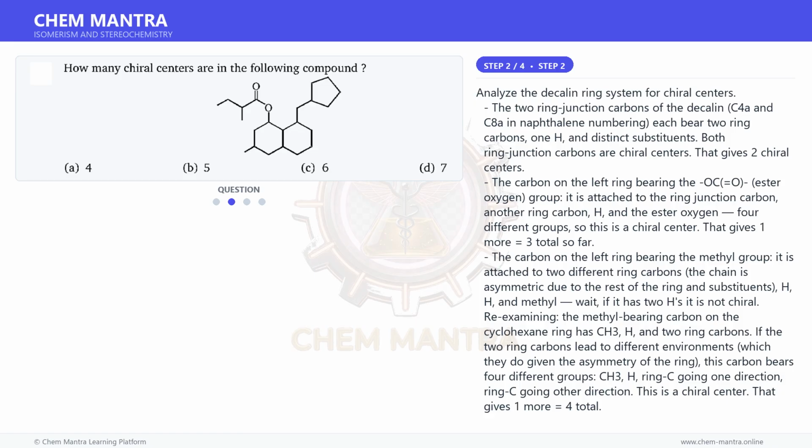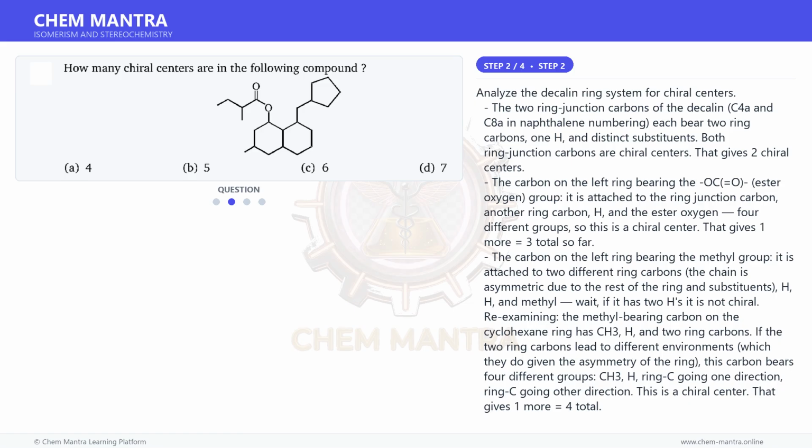The carbon on the left ring bearing the methyl group is attached to 2 different ring carbons. The chain is asymmetric due to the rest of the ring and substituents, H, H, and methyl weight. If it has 2 H's, it is not chiral. Re-examining, the methyl-bearing carbon on the cyclohexane ring has CH3, H, and 2 ring carbons.